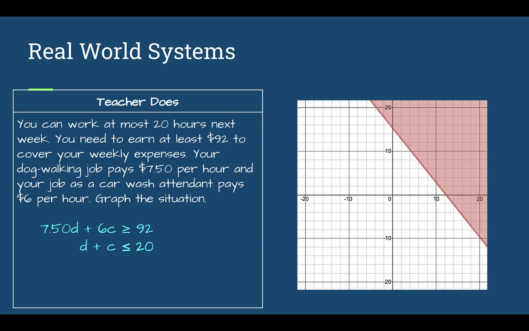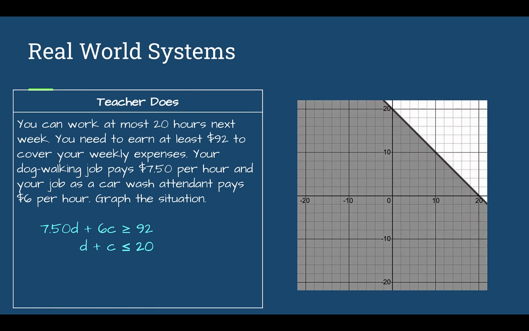If we graph the first one, it looks something like this. If we graph the second one, it looks like this. Put them together where we can see the double shaded region, we would get something like that. Now, one caution with real world problems is with negatives.